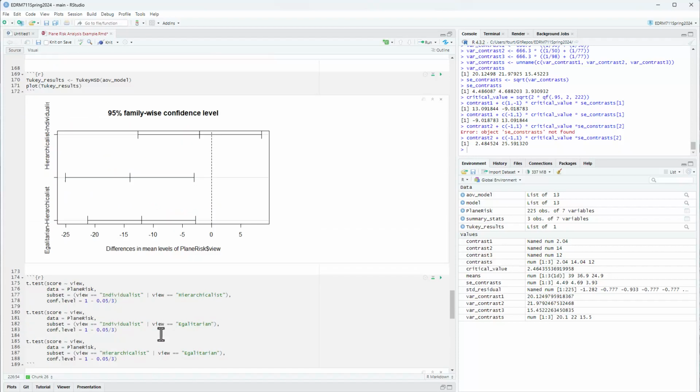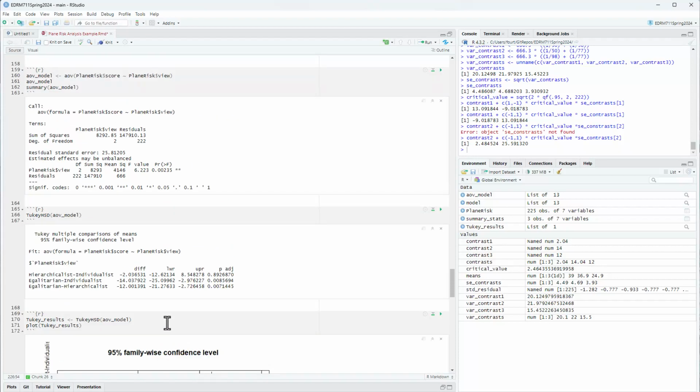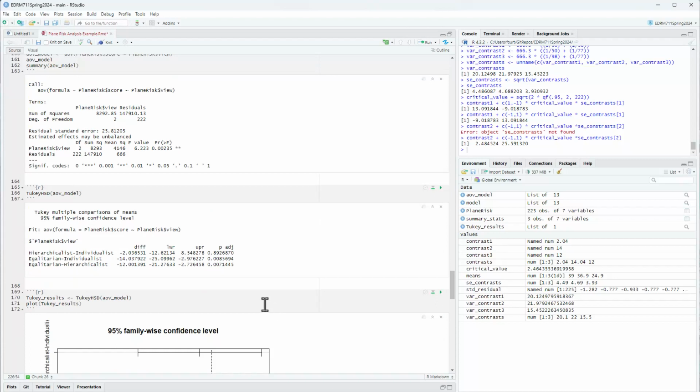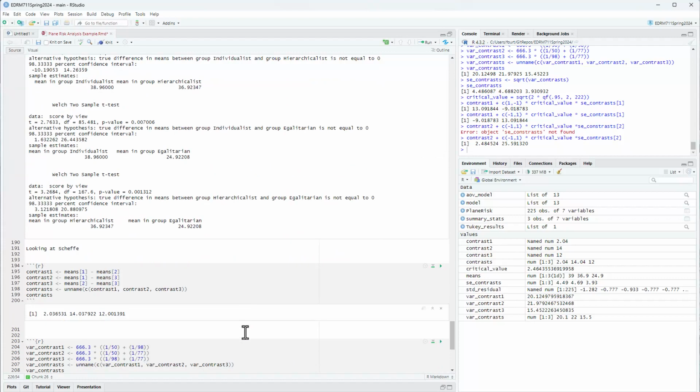Back when we did Tukey, it was the individualist against the egalitarian was, no, sorry, that's the difference. It was 3 to 25.1.